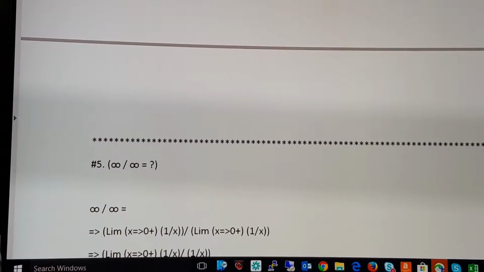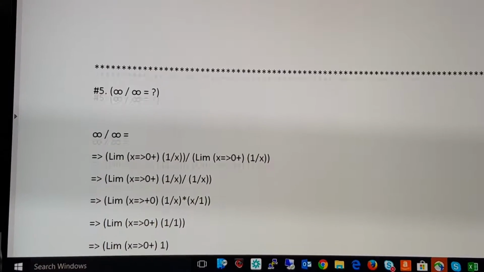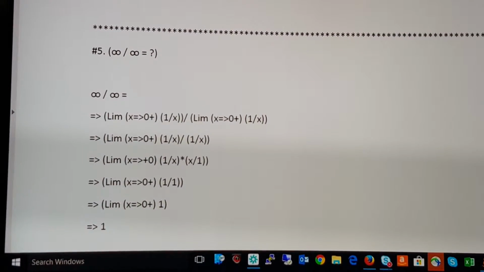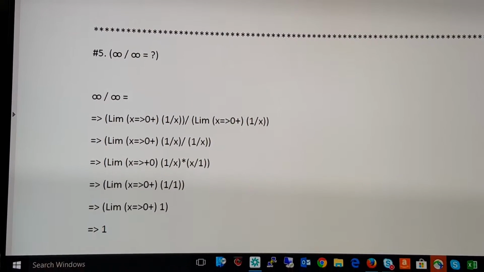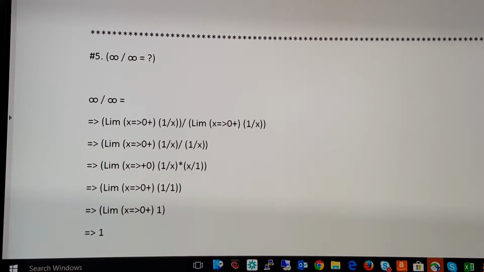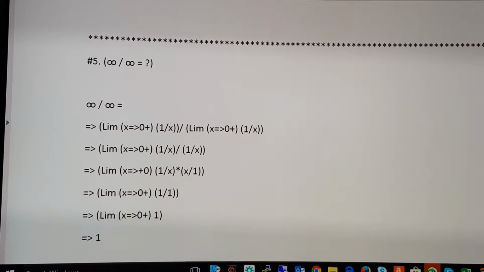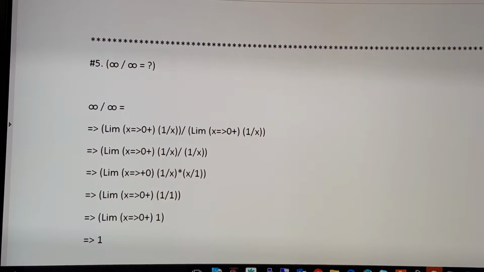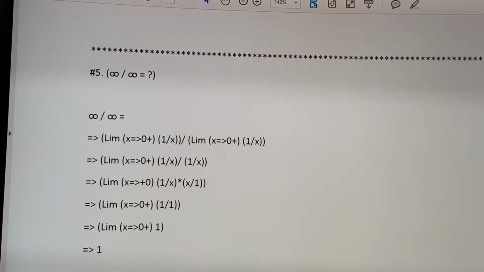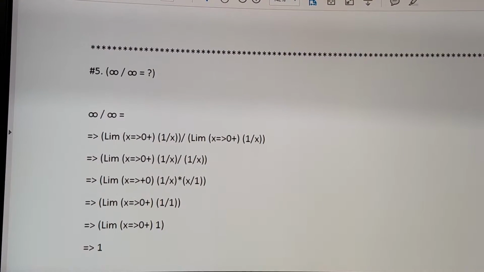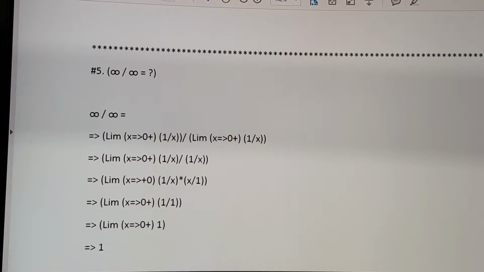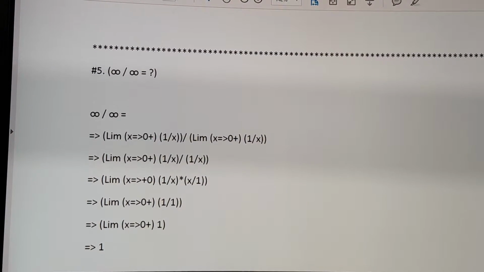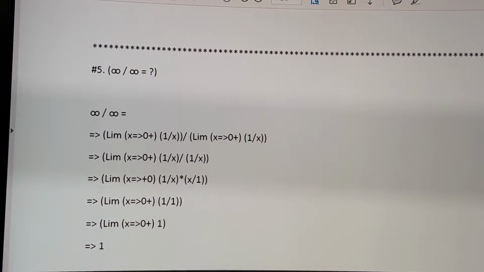Let's get the next indeterminate form. So this is infinity divided by infinity. We are just trying to use the same definition here. So it's now becoming the limit of 1 by x, where x tends to 0 plus, divided by the limit of 1 by x, where x tends to 0 plus. So you can now use the formula limit a by limit b is equal to limit a by b, and this results in the limit of 1 by x divided by 1 by x, where x tends to 0 plus.